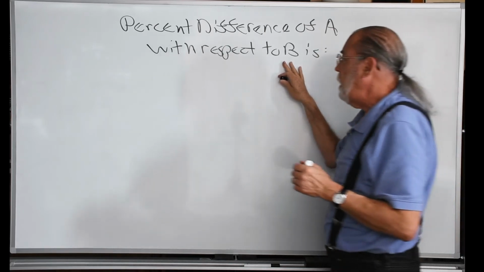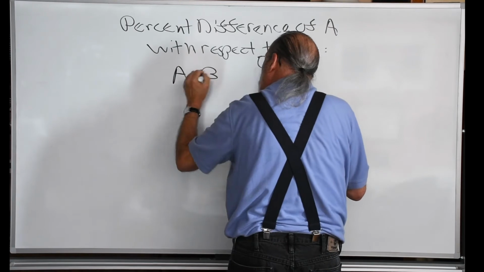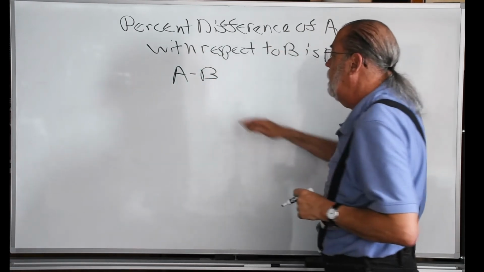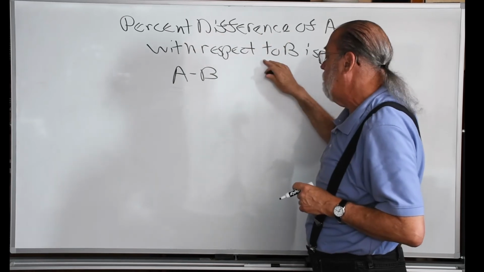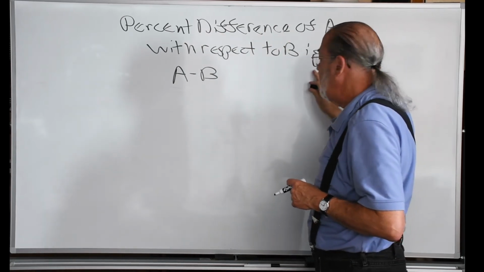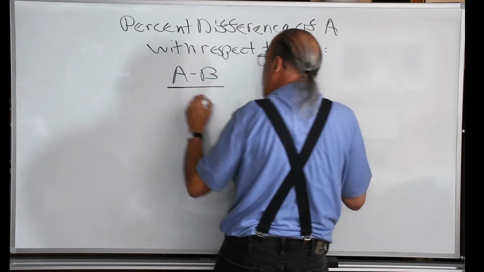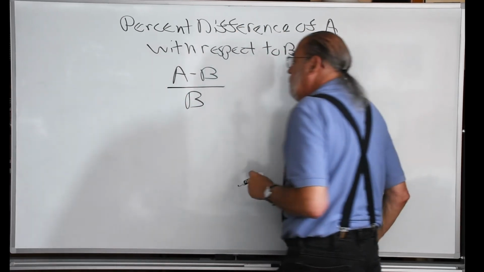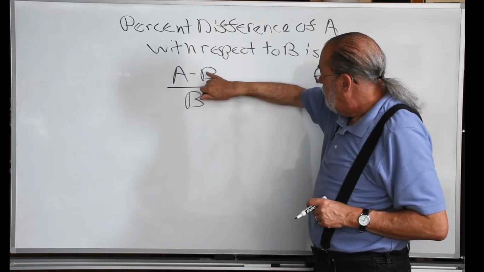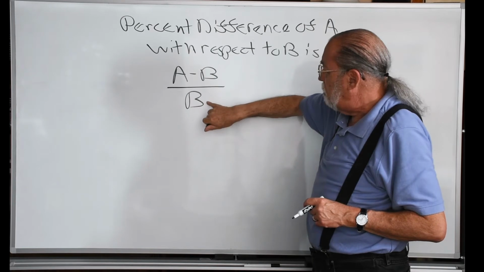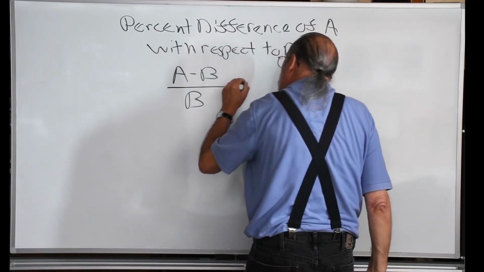Technically, this is done by taking A and subtracting from it B. This will give a positive number if A is above B, and a negative number if it's below B. Then you divide by B. The variable subtracted off should be the same as the one in the denominator, and then you multiply that by 100%.